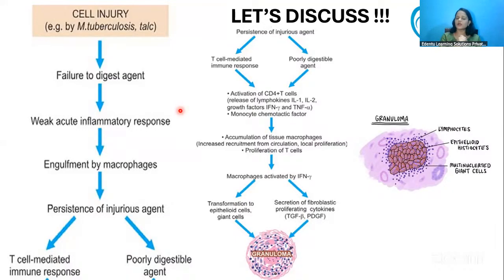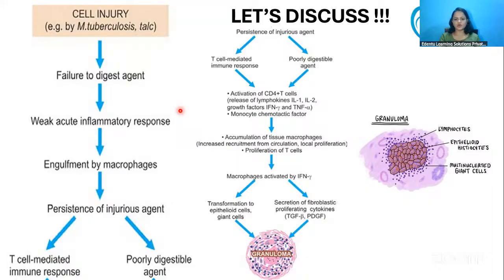So what the body does is produce something like a prison, and try to contain this particular microorganism inside this prison. This prison-like structure formed by our defense cells is called a granuloma. They form this granuloma formation.